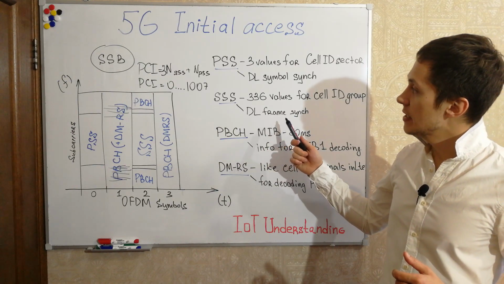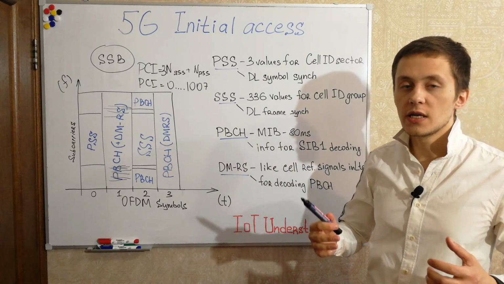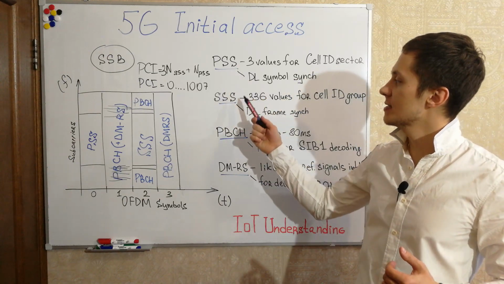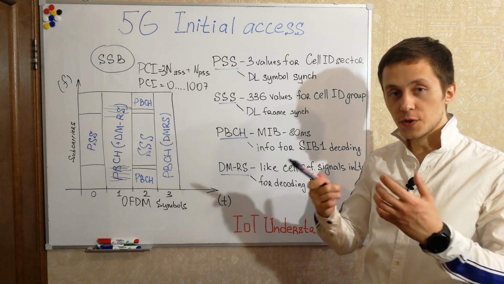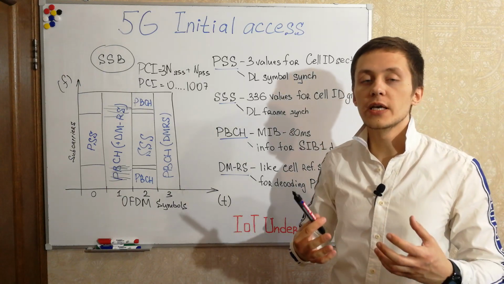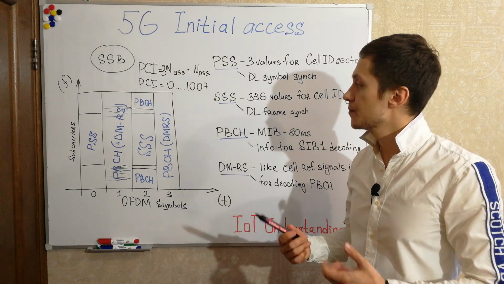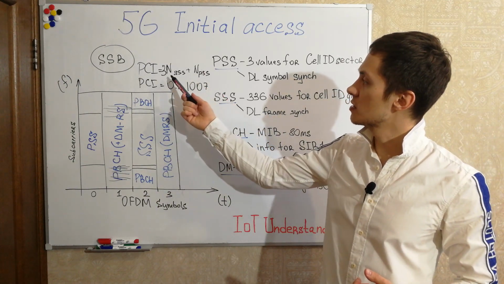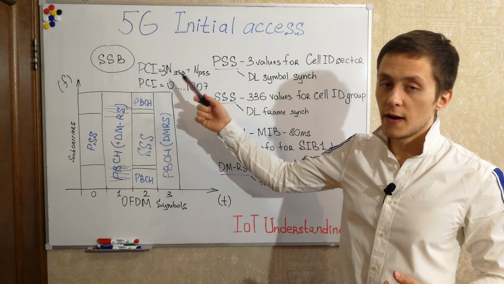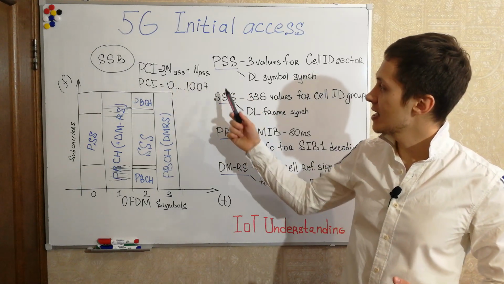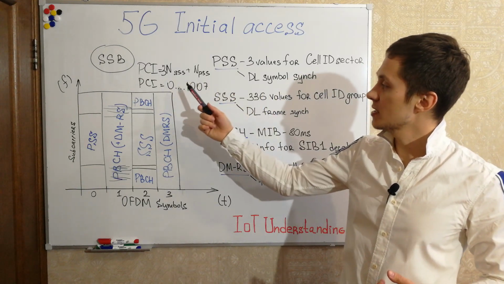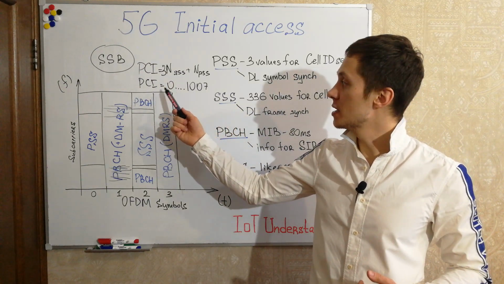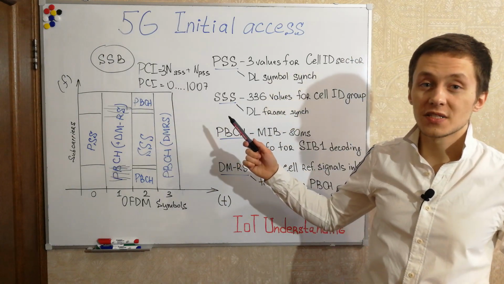And actually, after receiving and successfully decoding information from PSS and SSS, the user equipment can calculate PCI. And PCI is calculated in this way: 3 times the value of SSS plus the value of PSS. And in 5G NR, PCI may range from 0 to 1007.